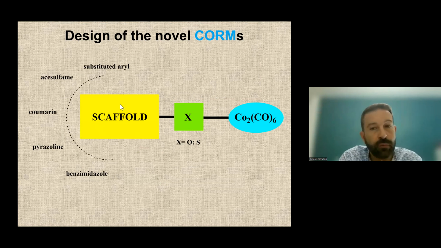In order to improve the previous work, we decided to introduce different substituted aryls, but also heterocycles, which can be important to have an effect against inflammation, such as acesulfame, coumarins, pyrazoline, and also benzimidazole.